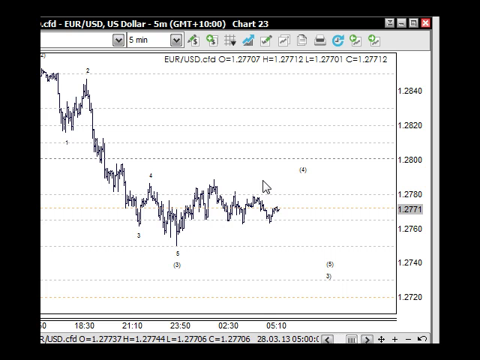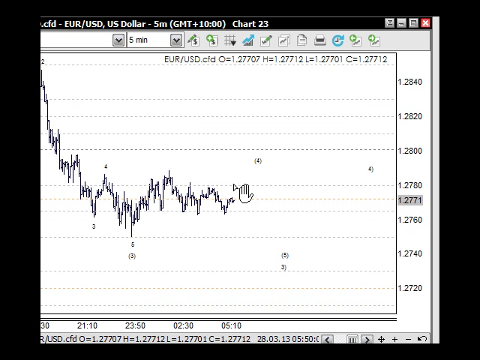But anyway, what should occur eventually is once this wave 4 is finished, a little wave 5 down for wave 3 here. Once we've got to wave 3 here, then we're going to go back to wave 4 of 1 lesser degree as well. So it should come back up here and retest the 72 area back up through here. I don't know if it'll come to the 72 or to the 128 here. It'll depend on where this wave 4 finishes here, or is it already finished there or not.